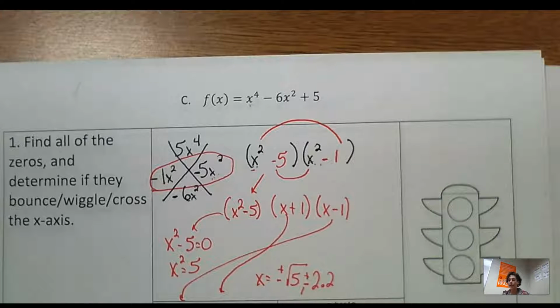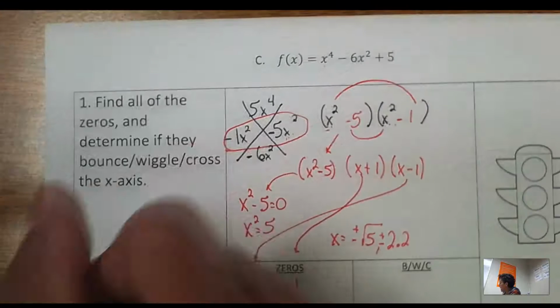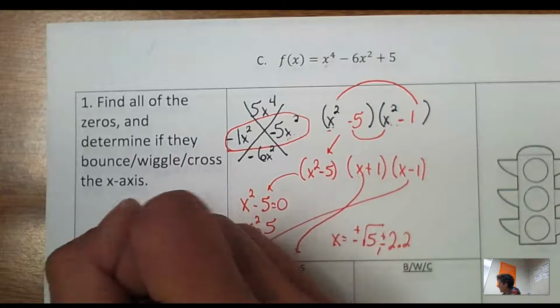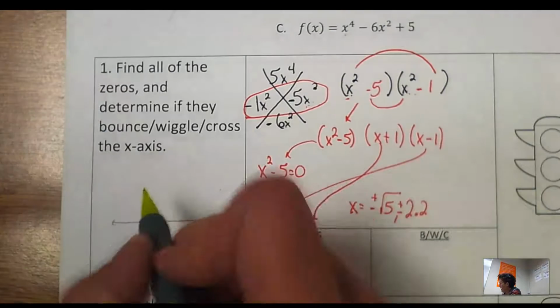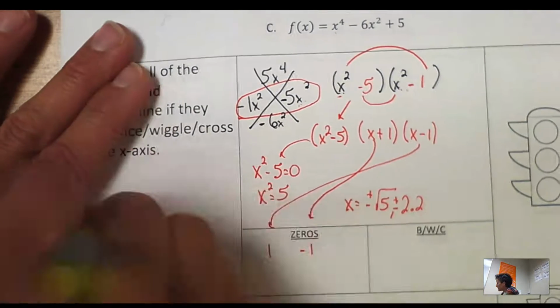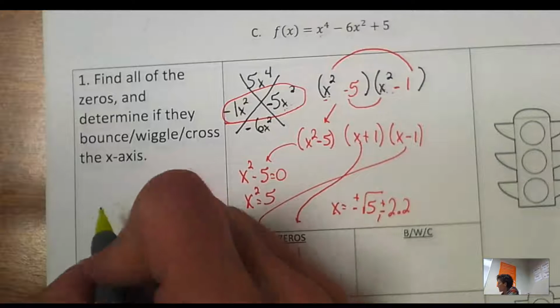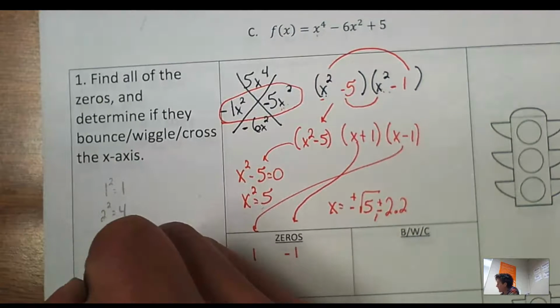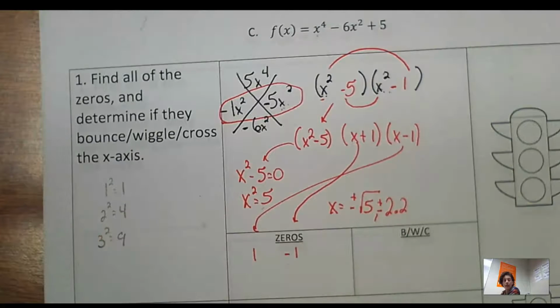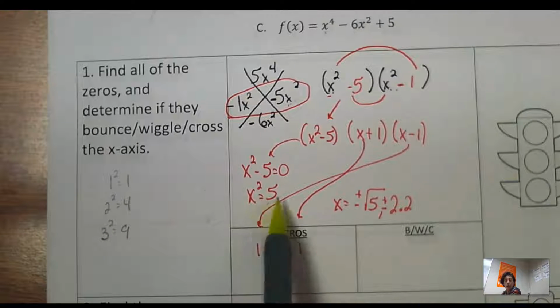So the question is, how do I know it's 2 point something? Real quick, if I'm trying to figure out what number times itself can get me to 5, well, I drew a number line. I go with the numbers that I can do. So 1 squared is 1, 2 squared is 4, and 3 squared is 9. So that means what number squared would give me 5?